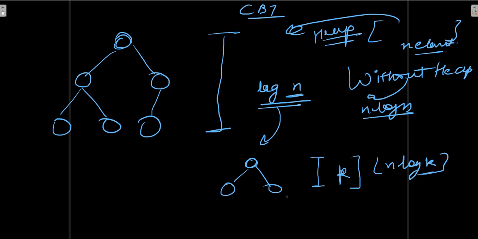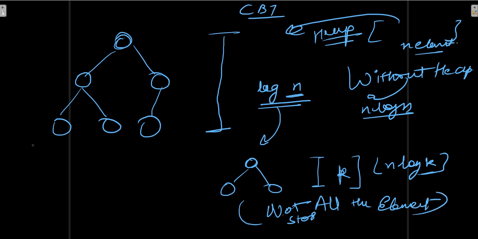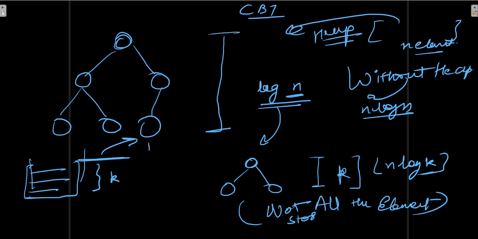In that case we will not store all the elements. The idea is basically that if the size of our heap goes above k, then you simply pop it. For now, just try to consume this part of what I'm saying. In future videos you will be able to understand it. So this is the third identification element.